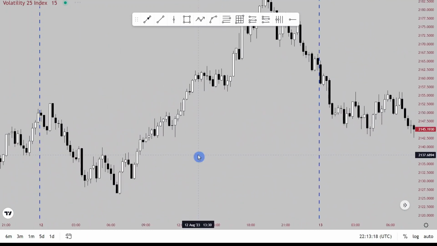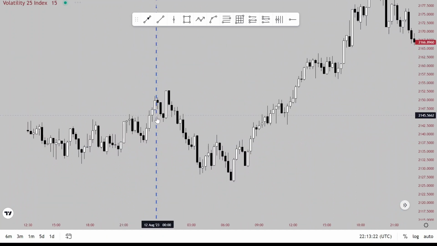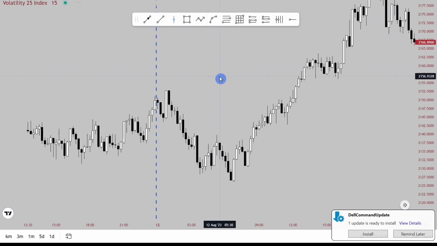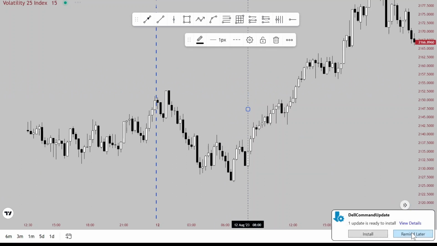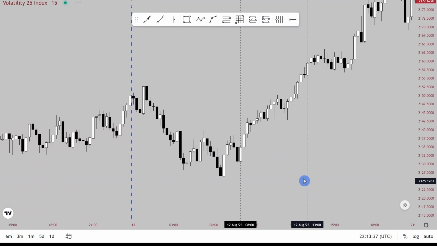Okay, so let's start from here. Random charts. And let's start marking. The blue line you see here is 12 a.m. So between 12 and 8, 8 is right here. Okay. So between 12 and 8, you're going to mark your highest point and your lowest point.